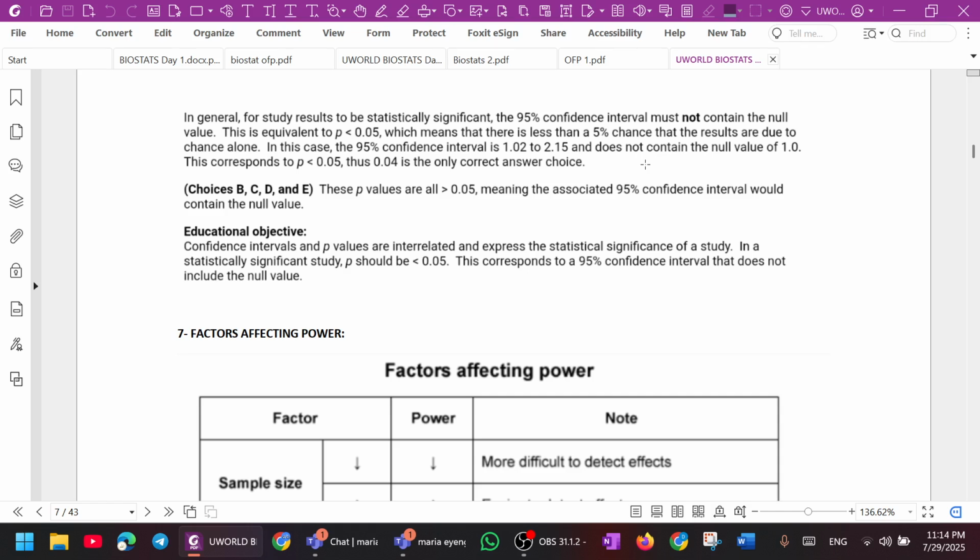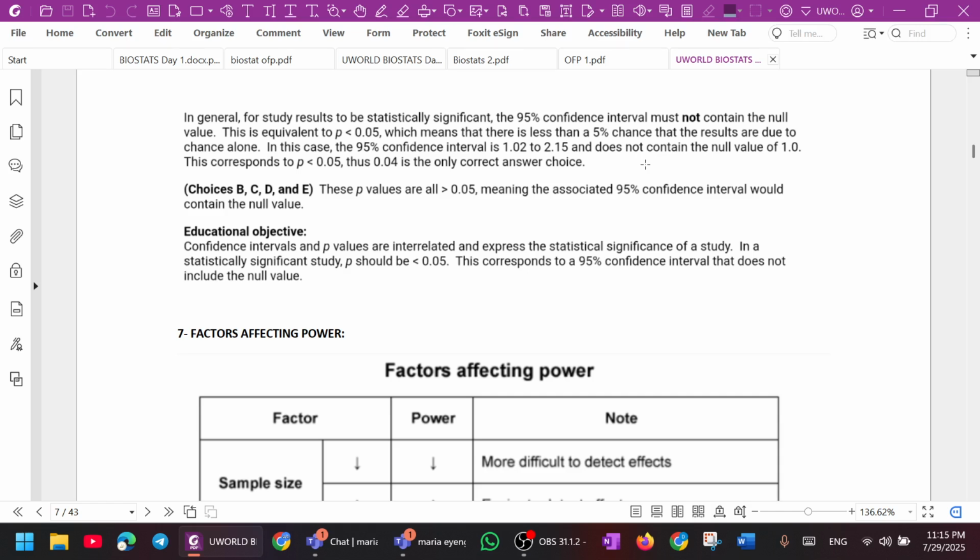In this case, the 95% confidence interval, 1.02 to 2.15, does not contain the null value 1. This corresponds to p less than 0.05. Thus, 0.04 is the only correct answer.